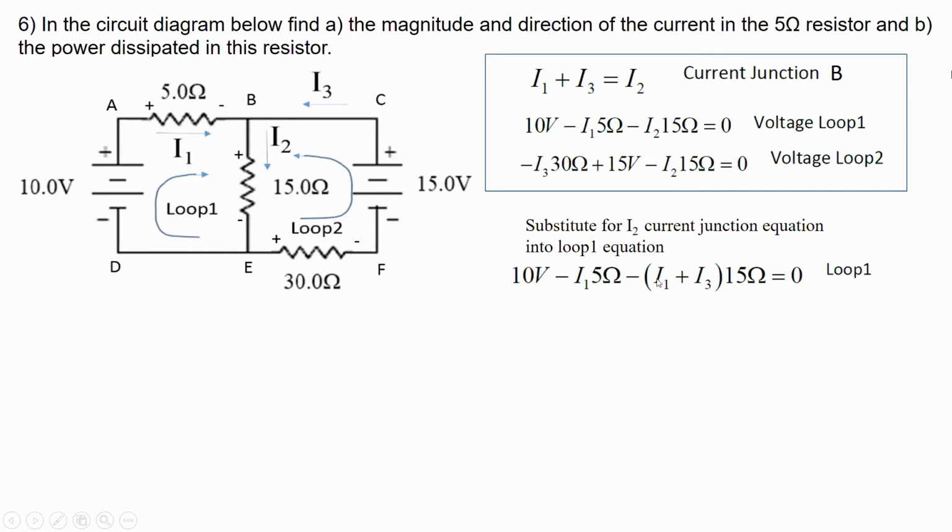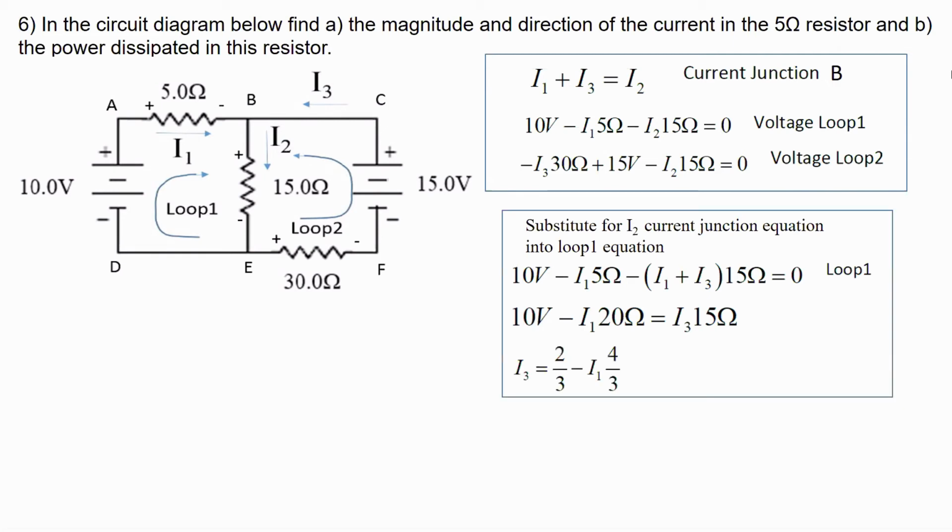Combine this term, I sub 1 times 15 ohms, with the 5 ohms. So we'll then have minus I1 times 20. And we just moved over I sub 3 to the right-hand side of the equal sign. And what we'll do now is solve for I sub 3. And doing so, we have this relationship.